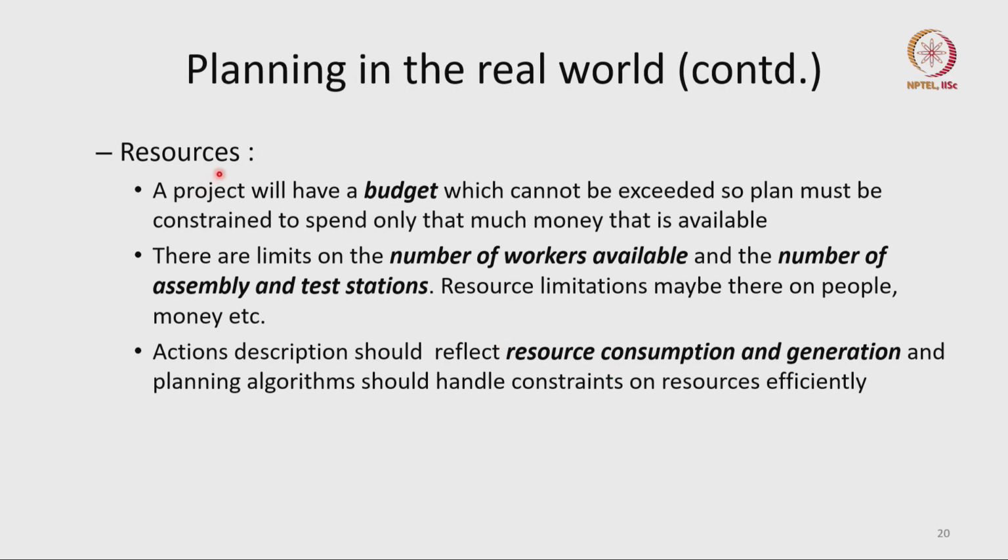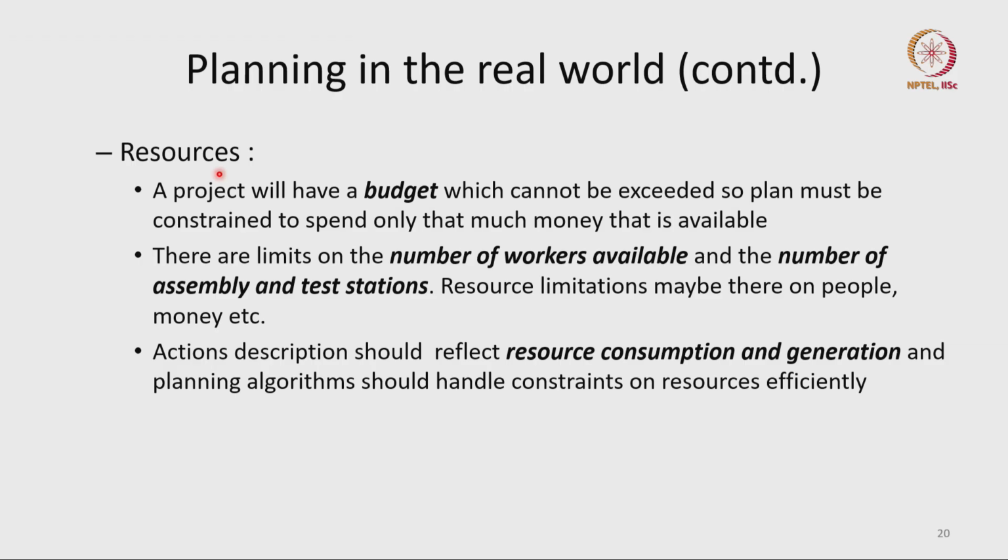Next is the resources. Your entire plan may have a budget. Each of the parts of the plan will take a certain cost for it to be carried out, and you want it to be done within a certain budget.